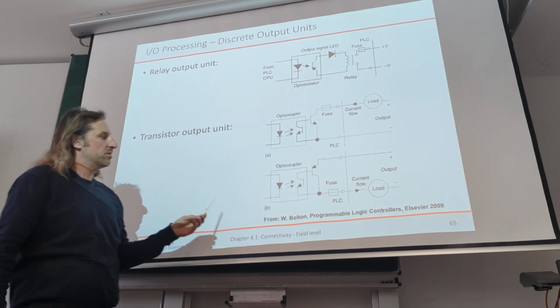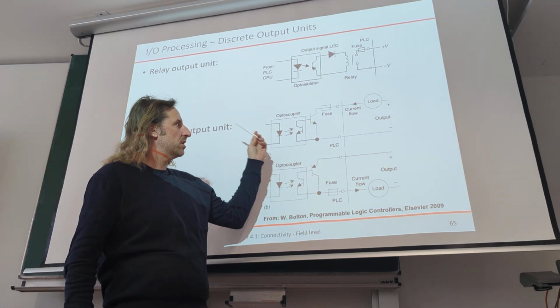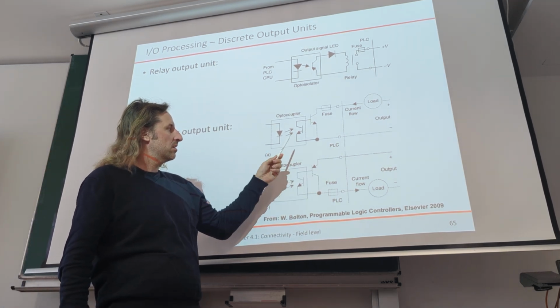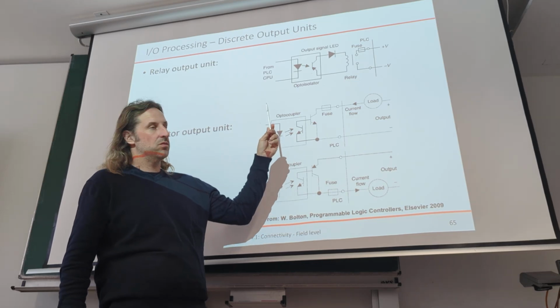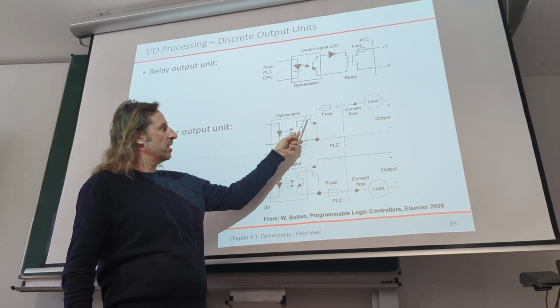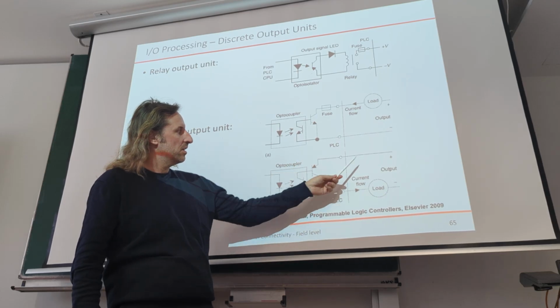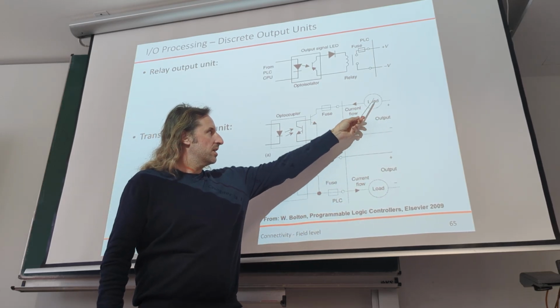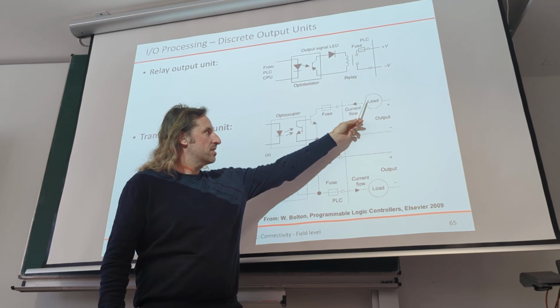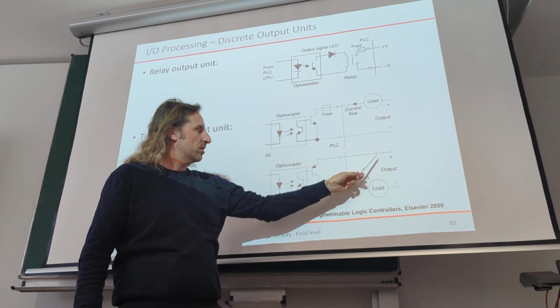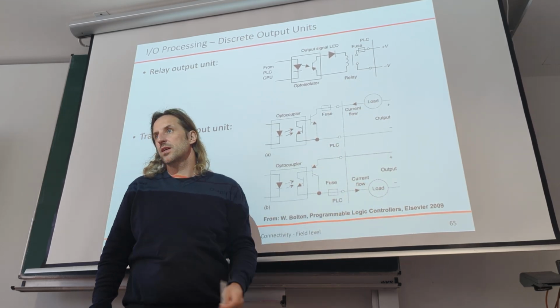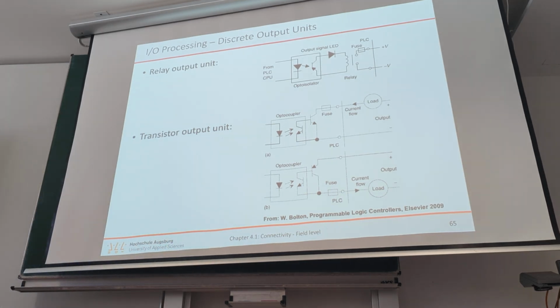The only thing you have to keep in mind is whether you have a positive-negative-positive or negative-positive-negative transistor, so whether the load is on the high side, the plus side, or on the low side. And yes, there are also bipolar ones, but they are even more expensive.